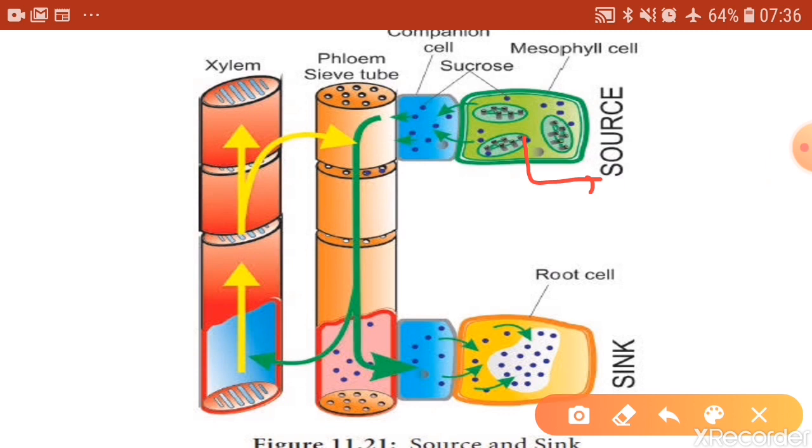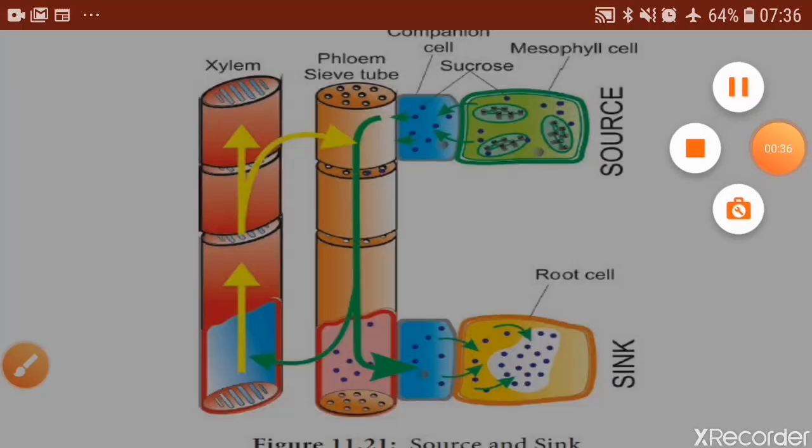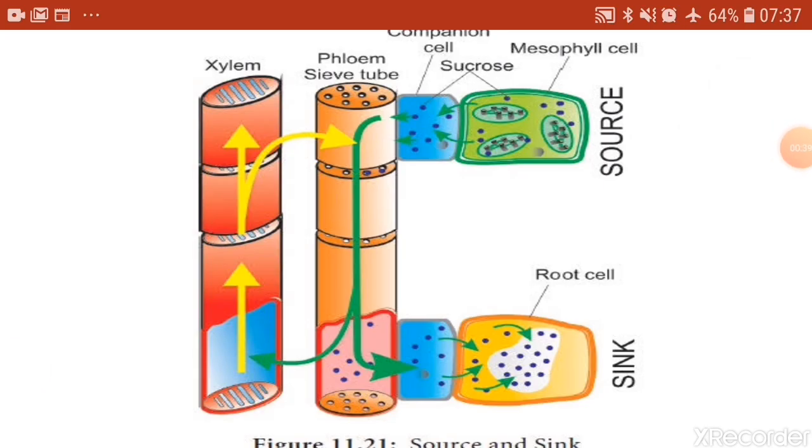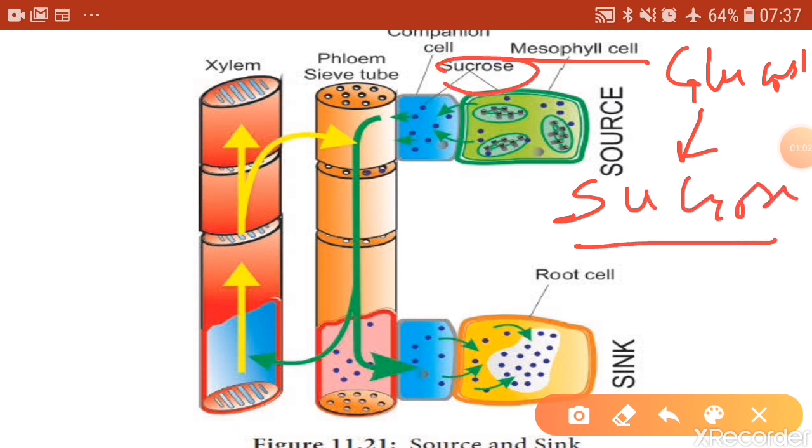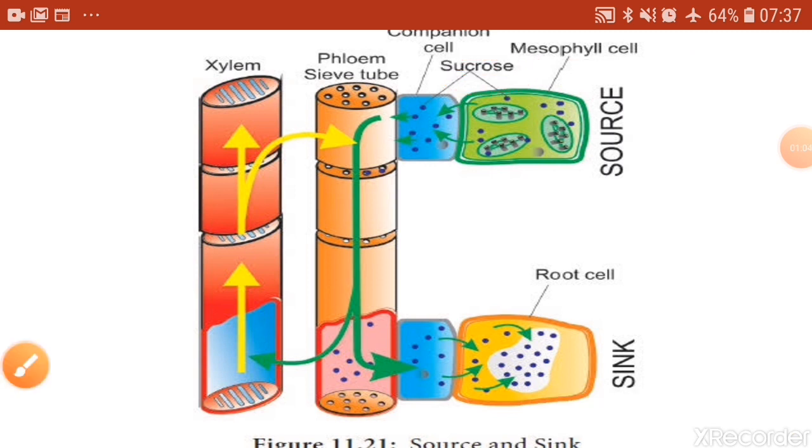Now, as already stated to you, the food is made in the mesophyll cell, and this food will be made in the form of glucose. This you have already learned. But when the food has to be translocated, this glucose is first converted to sucrose. Okay, the glucose is converted to sucrose, and it is in this form that the food is then transported to different parts.